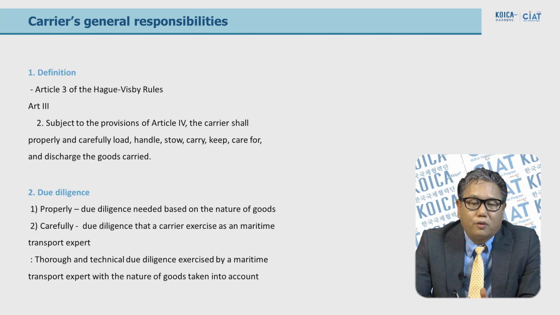I already read this part, so subject to the provision of Article 4, we are saying there are seven different responsibilities of the carriers, from loading to discharge, until the goods are carried. The article also defines the carrier's duty to exercise due diligence as follows.